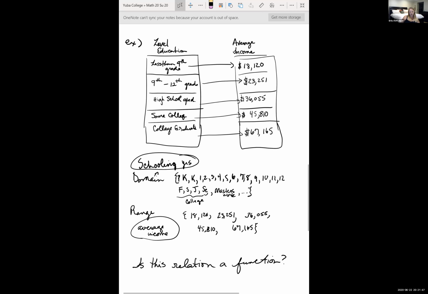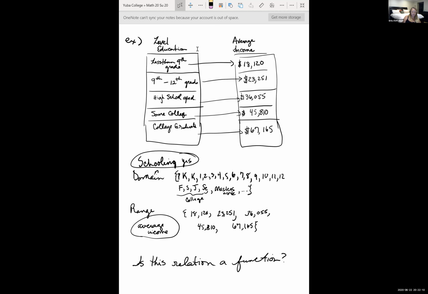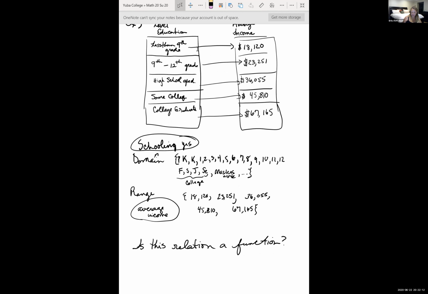But if I choose one of these inputs, am I getting back multiple incomes? In that one set, I'm only getting back one income, that average income of $18,120. So for every input I choose, there's only one corresponding output. And so this is actually yes. This is a function.